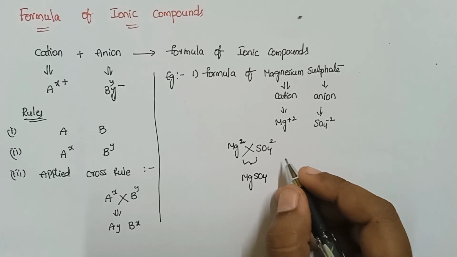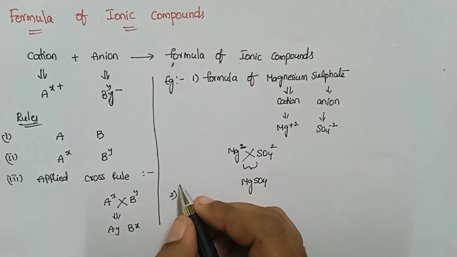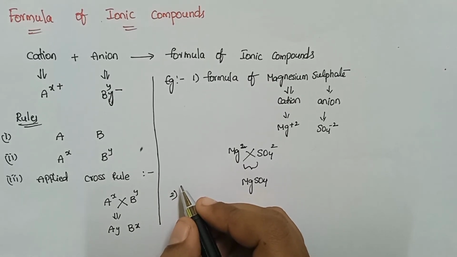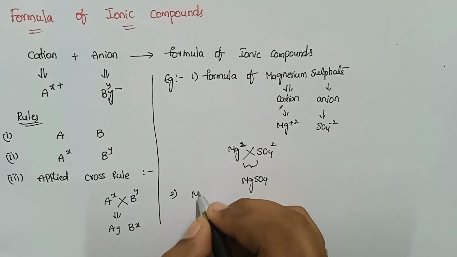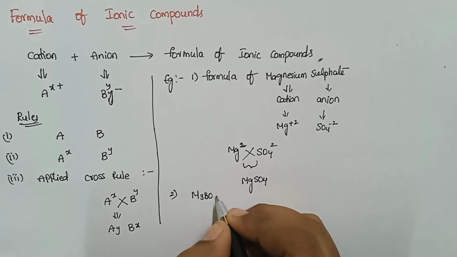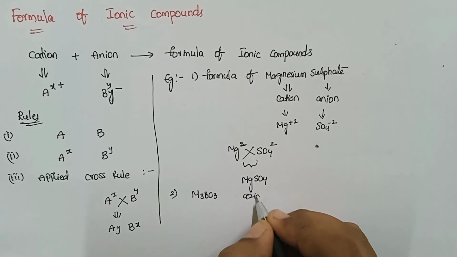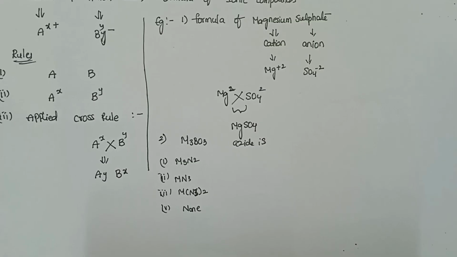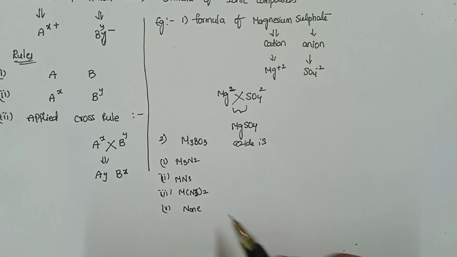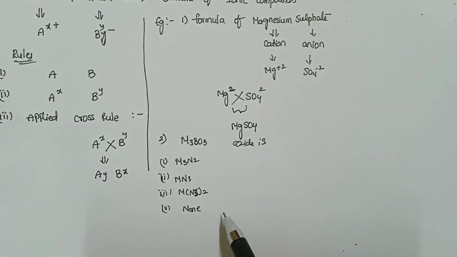If you take another example, the question is, the formula of a metal borate is M3BO3, then the formula of its azide is, with the options M3N2, MN3, MN3 taken twice, and none.